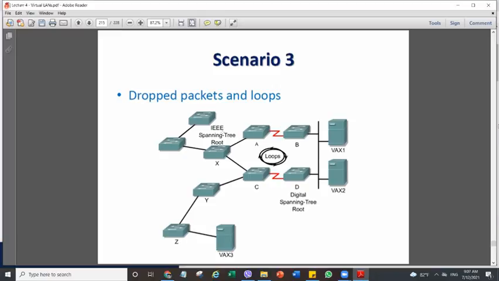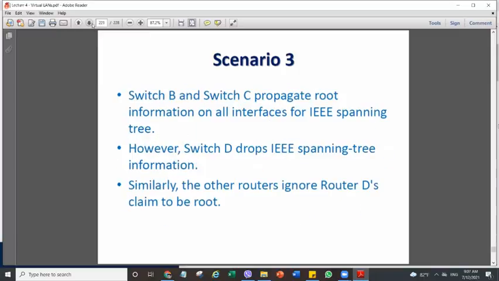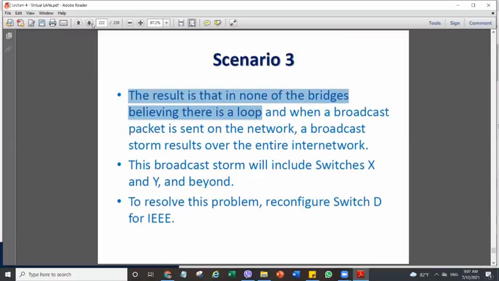Eventually, although they try to introduce the spanning tree protocol, it is not there in the actual way. Actually, physically it is not there, because some switches they have not considered.